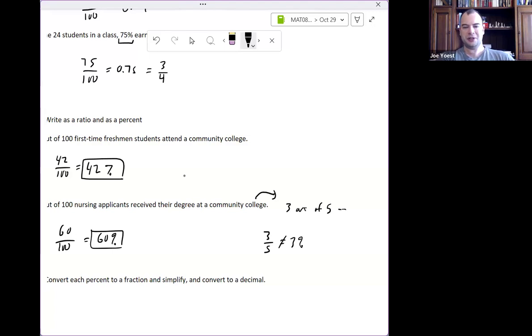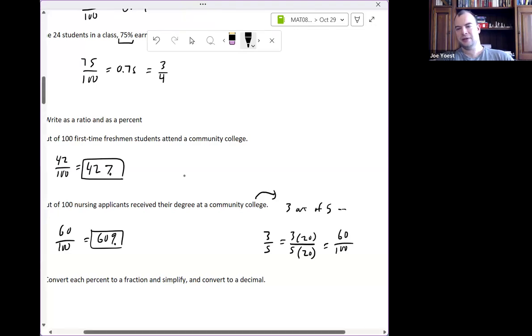This is a ratio, but the denominator is not 100, so I can't write it directly as a percent. But I can make that denominator 100 by multiplying it by 20, and I maintain an equivalent fraction as long as I multiply the numerator by the same factor. 3 times 20 is 60, and 5 times 20 is 100, and now I can write this as a percent.